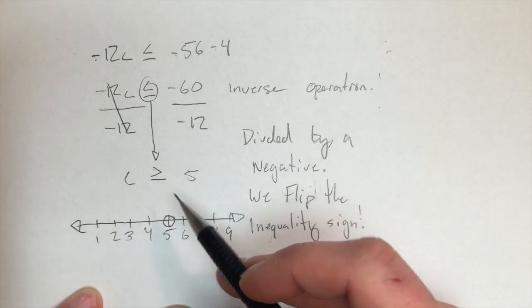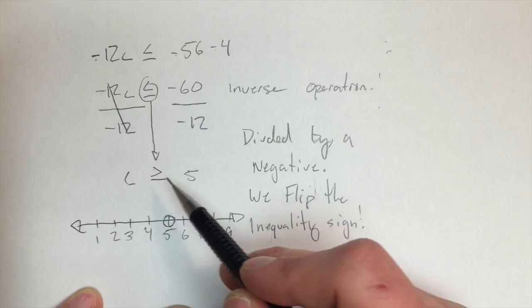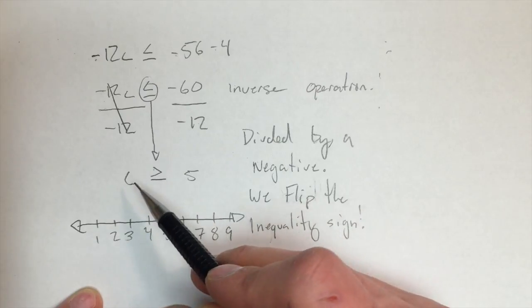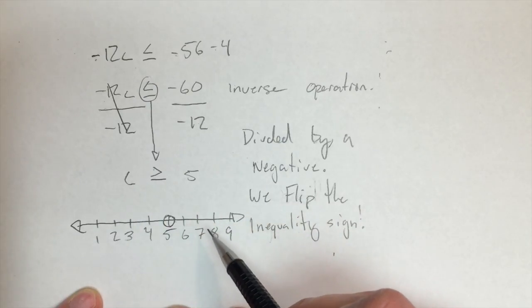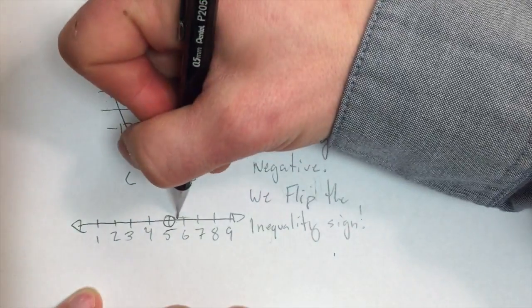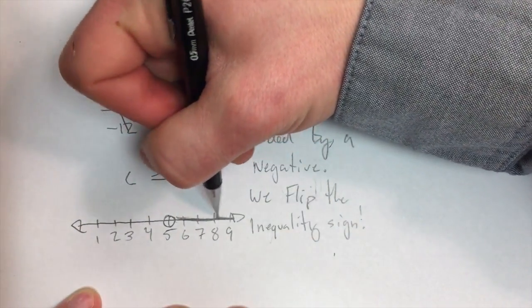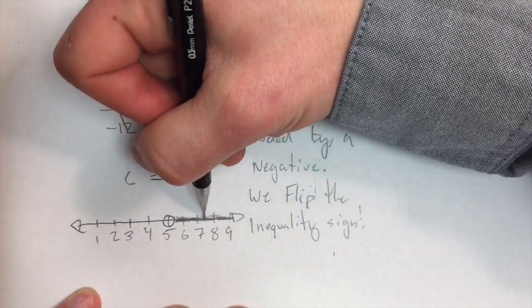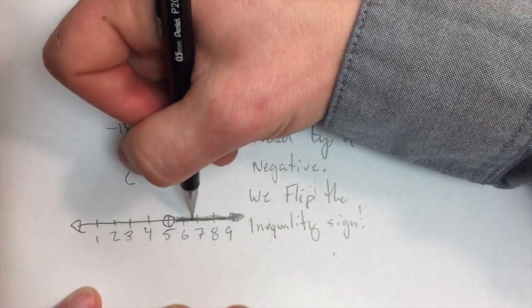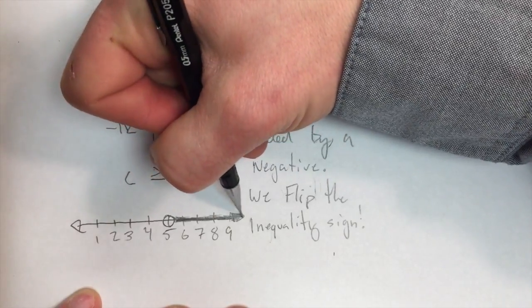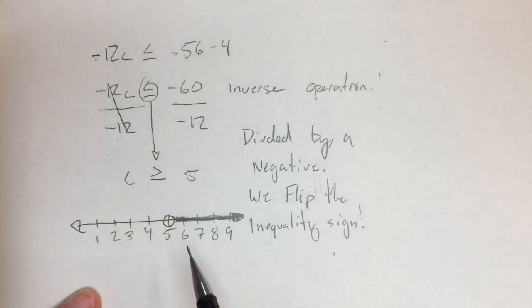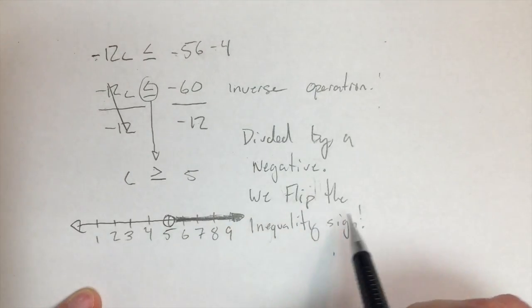Positive is right. Greater than is right. Greater than 5. C could be any number. It could be 6, 7, 8, 9, or 10, or 11, or 12, or 150, or 1,203, whatever. It doesn't matter. Any number greater than 5 makes this true.